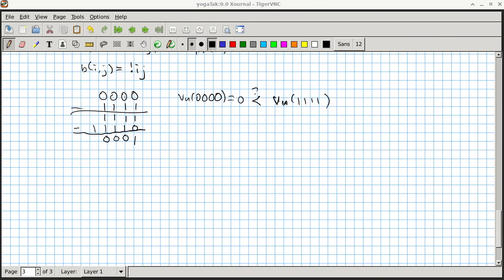I'm omitting the 4 for M here because we're using all the bits. So when you look at 1111, it is 1 of 1 plus 1 of 2 plus 1 of 4 plus 1 of 8, which turns out to be 15. So does anyone want to argue that 0 is not less than 15? Okay, 0 is less than 15. It's pretty clear. This is true.